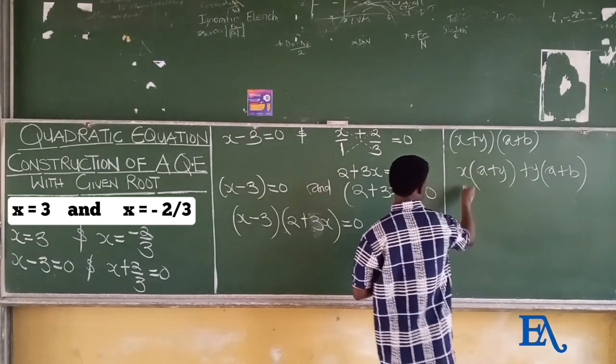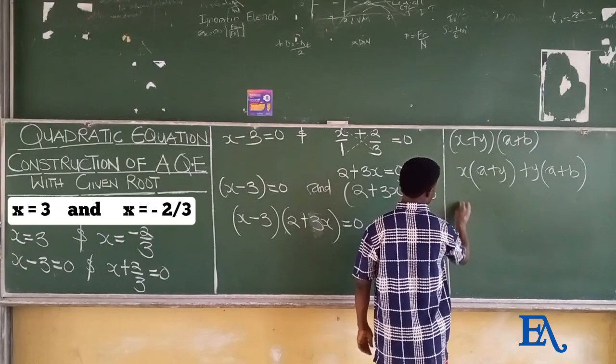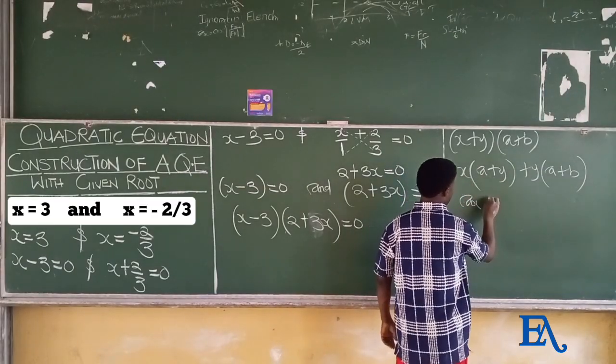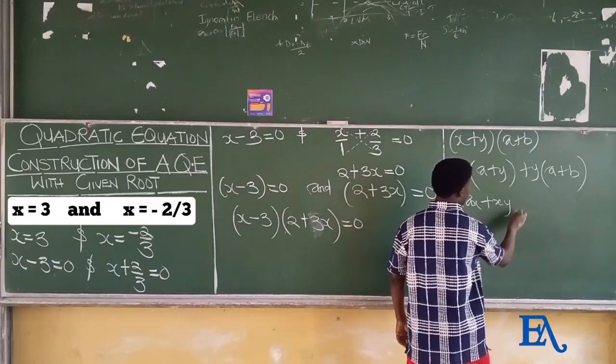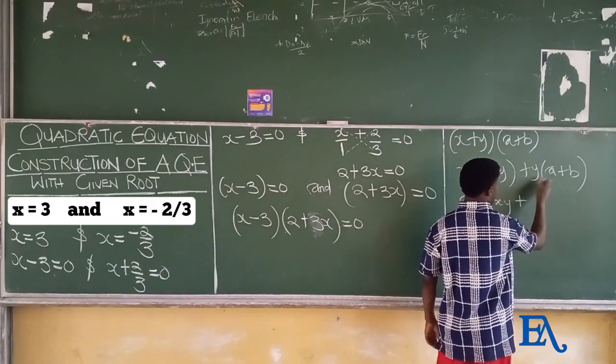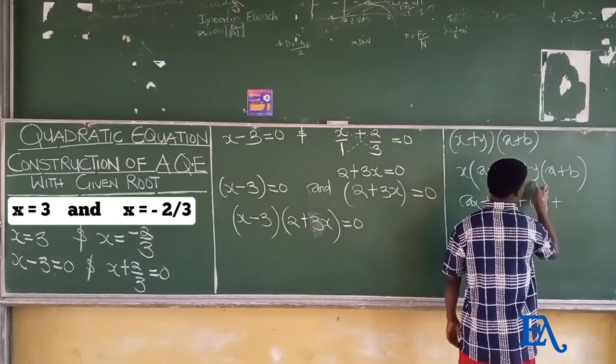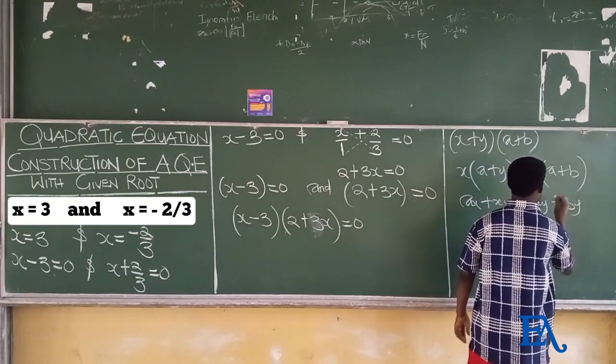So doing this, we have x times a gives ax, and x times b gives plus xb. y times a gives ay, and y times b gives yb.